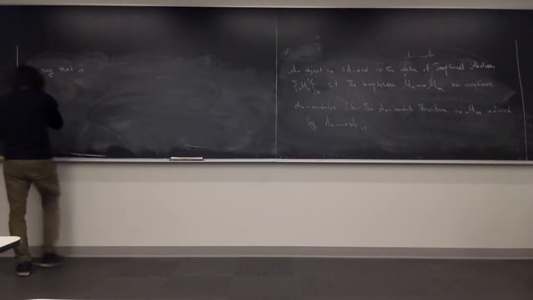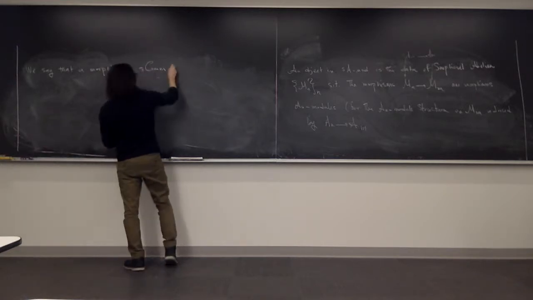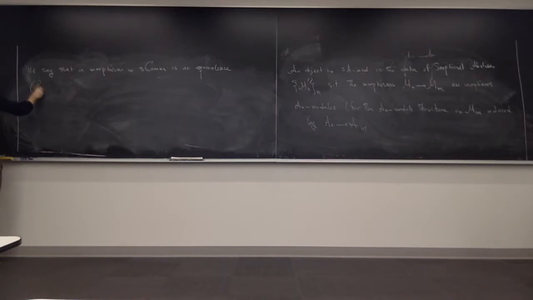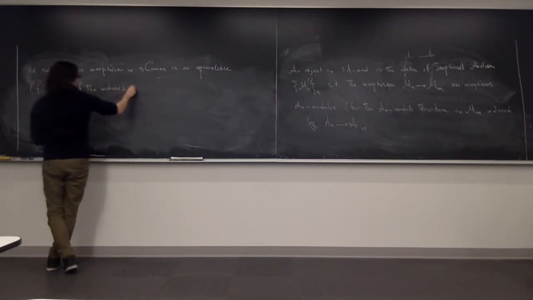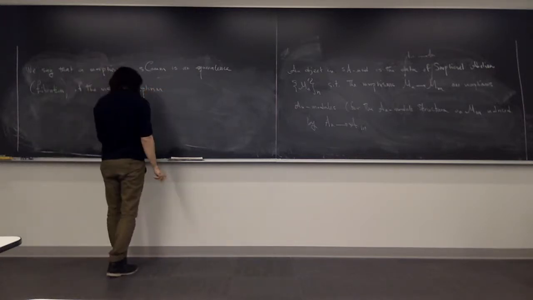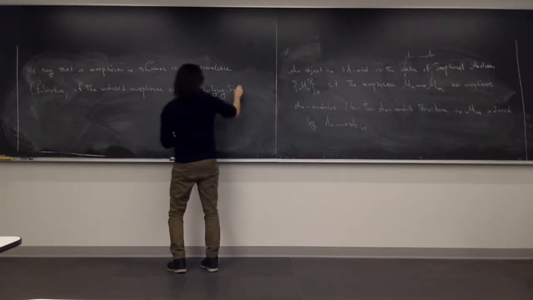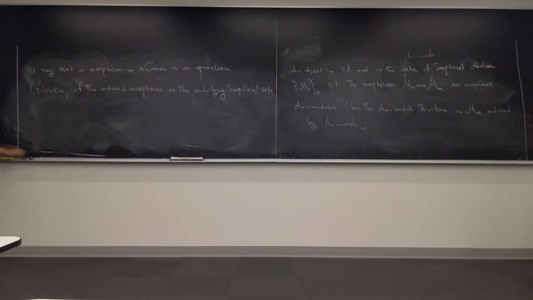Okay, so this is what a module is, and we say that a morphism in this category of simplicial rings is an equivalence, or fibration, if the induced morphism on the underlying simplicial sets is an equivalence.